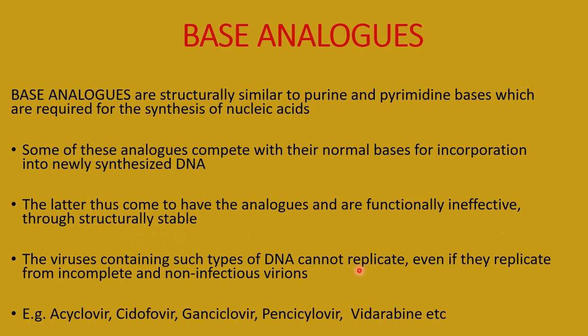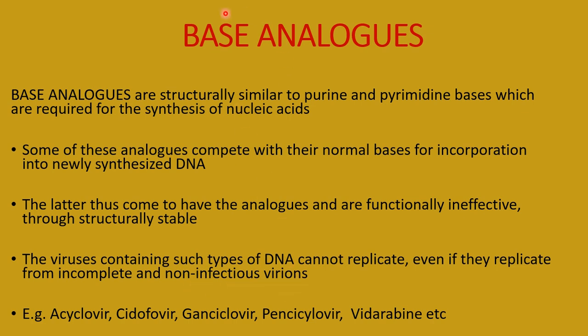So the DNA cannot replicate properly, and even if it replicates, it forms incomplete or non-infectious virions. Though they try to replicate, they do not have any capacity to cause infection, and that is how they become non-infectious virions.